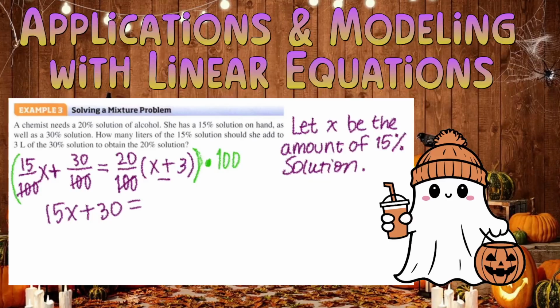It was all one term, so I'm good. 20 times x plus 3, I'm going to have 20x plus 60. And now all you're doing is solving for x. Easy peasy lemon squeezy. Let's bring 15x to that side. Let's bring 60 to that side.